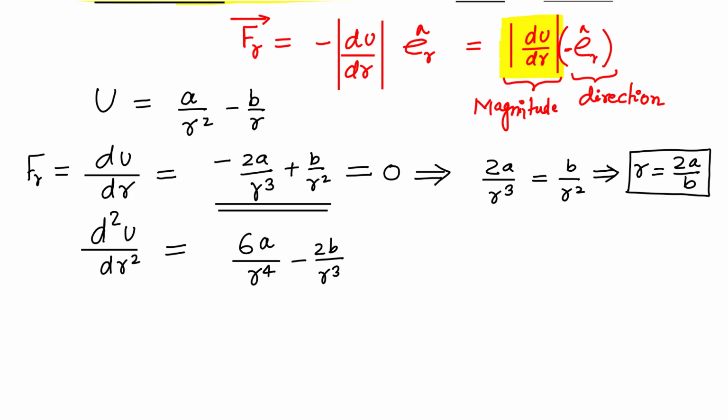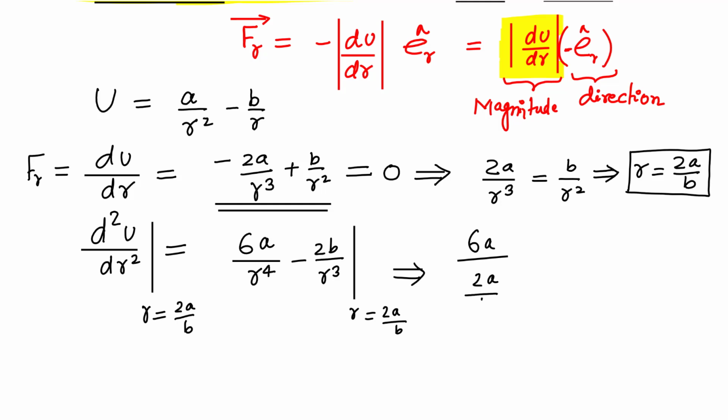Now let us plug in the value r equals 2A by B and find the value of this term. If you plug this in, you will have 6A divided by (2A by B) raised to the power 4 minus 2B divided by (2A by B) raised to the power 3.